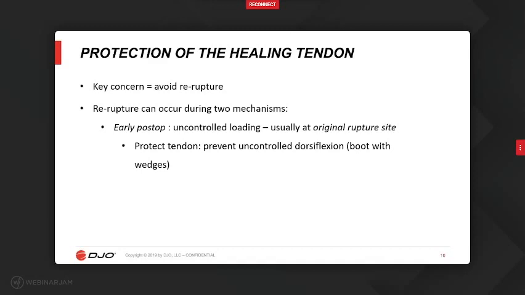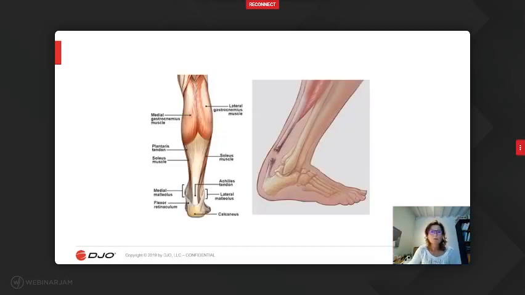So we need to protect the tendon, and especially preventing uncontrolled dorsiflexion, so using a boot with wedges. And then a late re-rupture is usually due to a fatigue failure, and the location is mostly proximal to the original rupture site. So this concludes this short introduction.